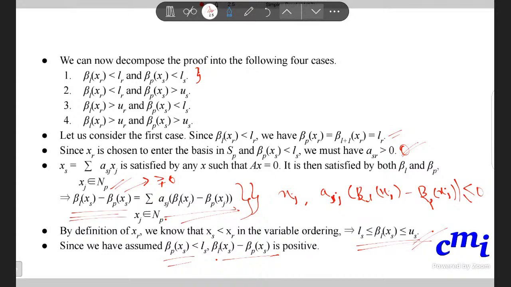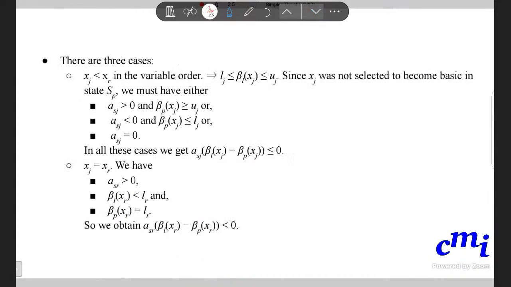So for all xj belonging to the non-basic set at state sp, we'll show that this is negative, so the summation will also be negative, less than or equal to 0. We'll take three cases: xj is less than xr in the variable ordering, xj is equal to xr, or xj is greater than xr in the variable ordering.